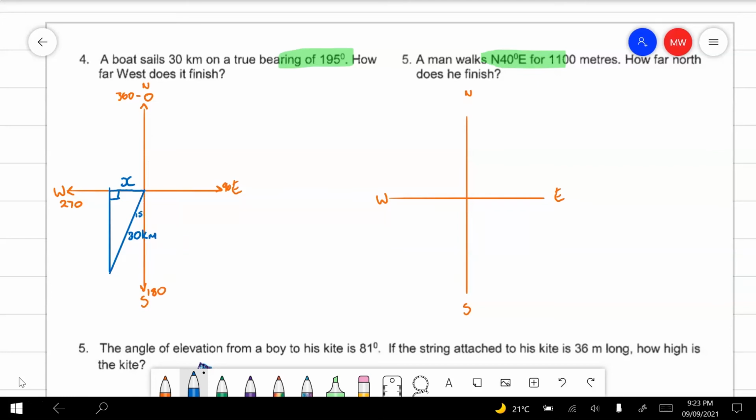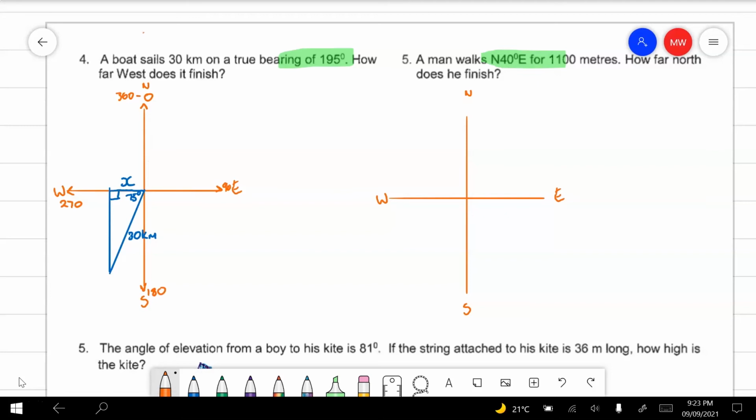But seeing as we've committed to doing it this way, we know that the difference between this is 90 degrees here, so the difference between 90 and 15 leaves us with 75 degrees. So we've got 75 degrees in here, and now we can start using trigonometry to work this out.